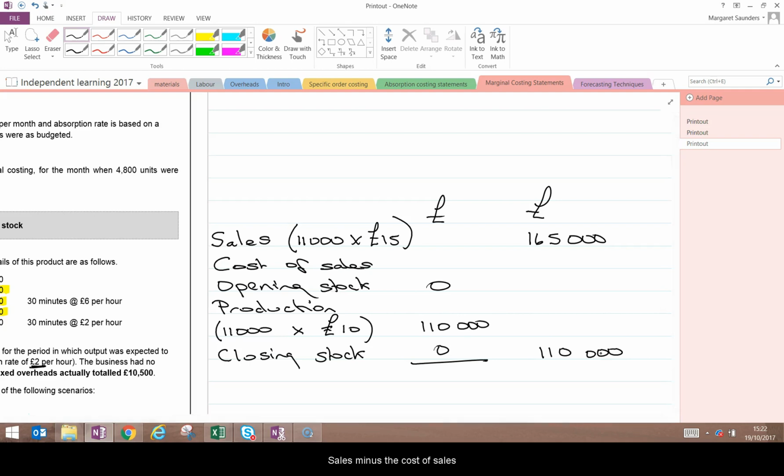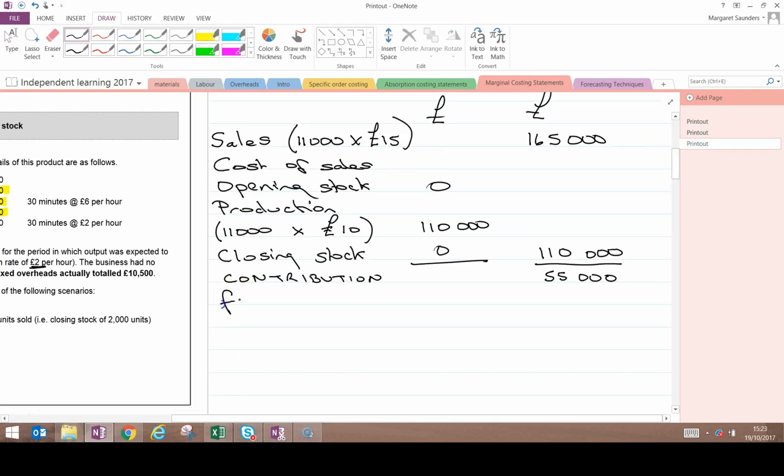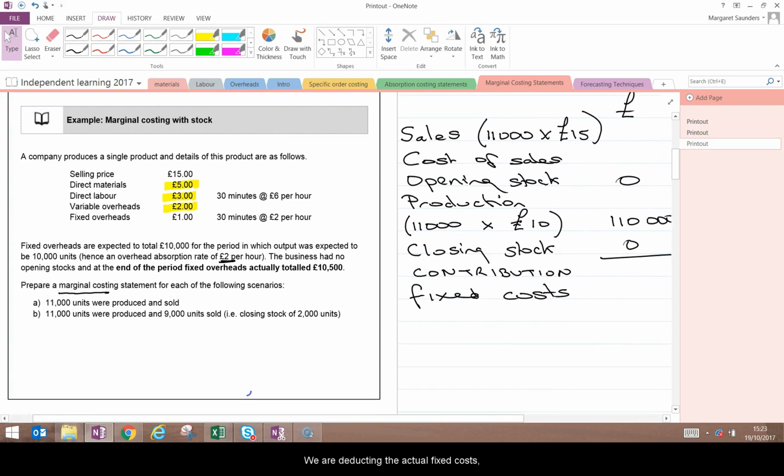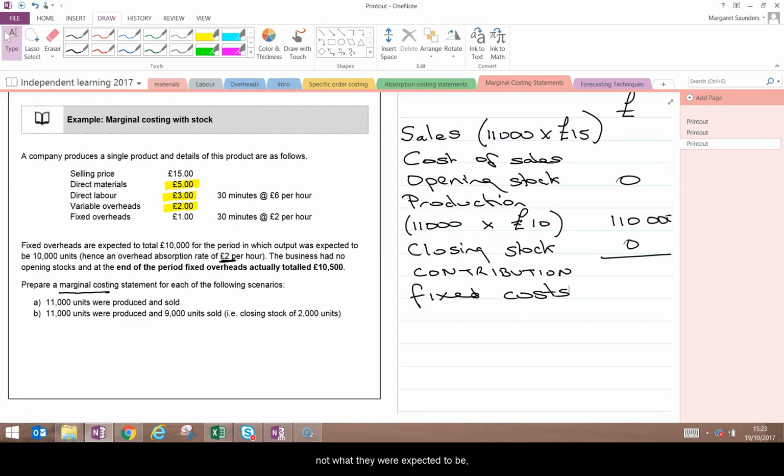Sales minus the cost of sales is the contribution. £165,000 minus £110,000, £55,000 contribution. We now need to deduct the fixed costs. And we are deducting the actual fixed costs, not what they were expected to be, not considering any costs absorbed.